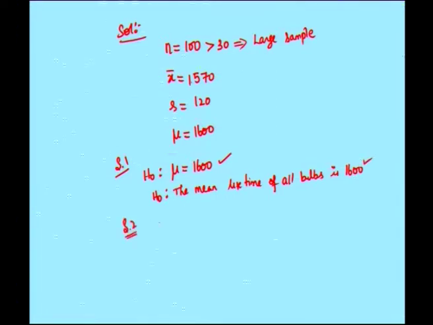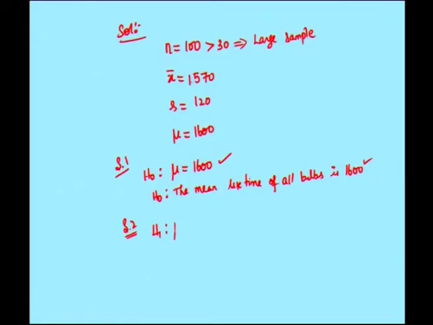Then next you have to set up H1. Nothing is mentioned in the question about whether the mean lifetime of all the bulbs is greater or lesser. Therefore, we will take H1 as mu not equal to 1600. So, it becomes a two-tailed test. No kind of specification is given, whether it is better or whether it is inferior.